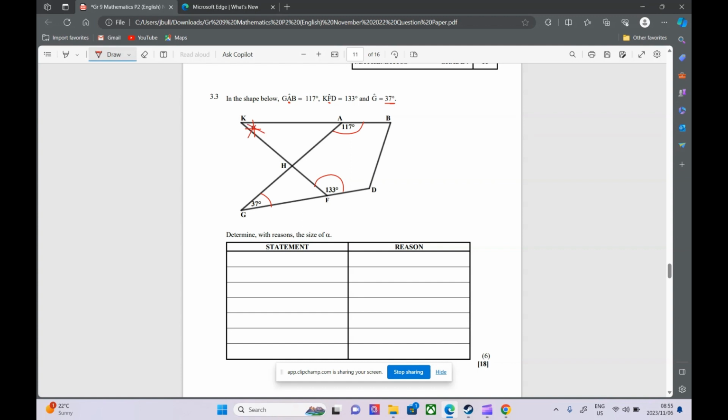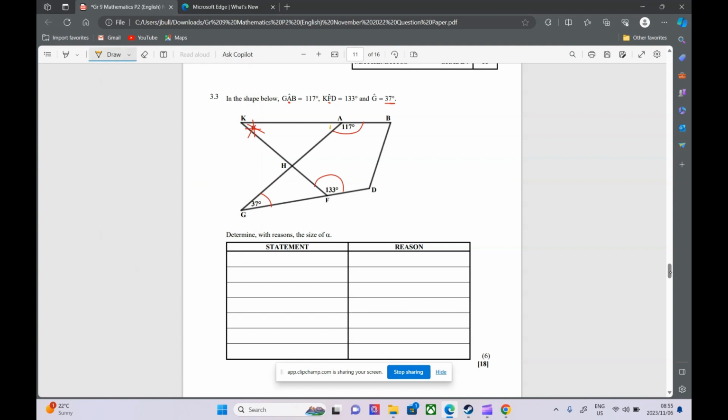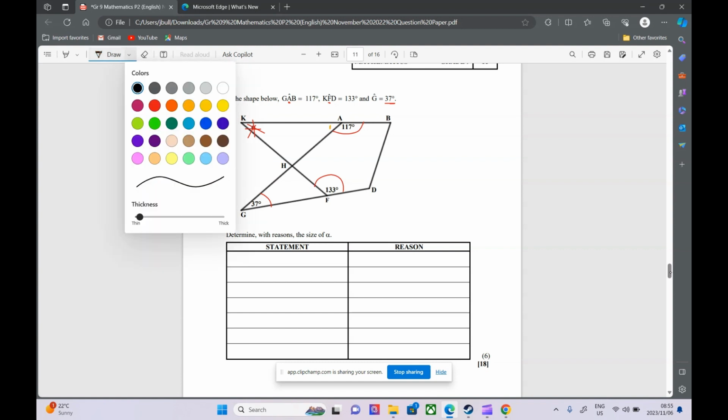Okay, so what you've got to do in a question like this, you can see it's lots of marks, is work out as many angles as we possibly can. So what I would do first is get, let's say, this angle up here. I'm going to label this 1, and work out A1. Label it nicely so they can read it and check that's A1.